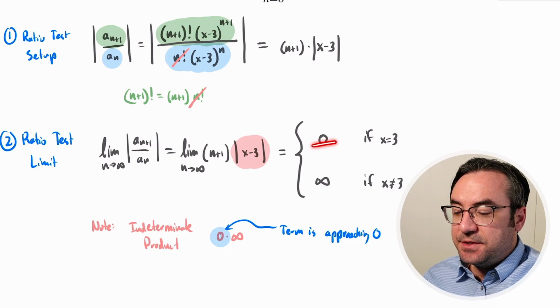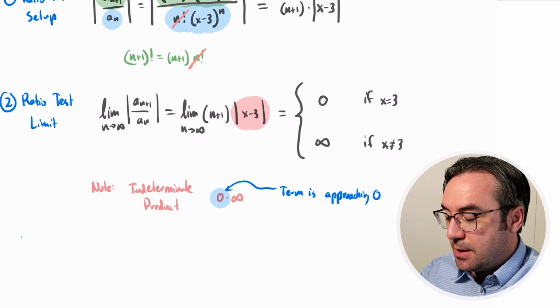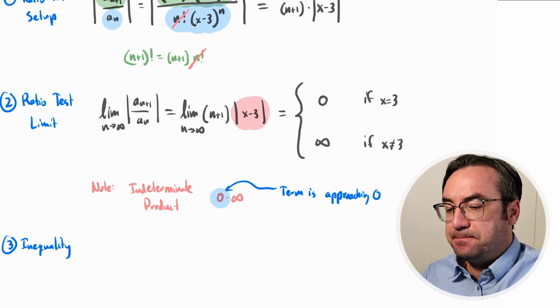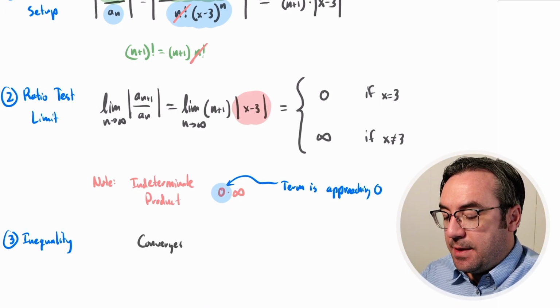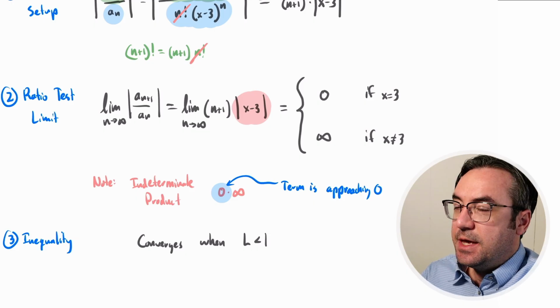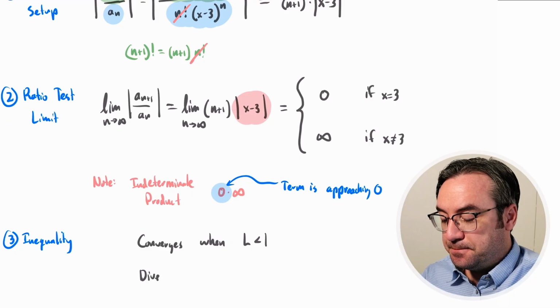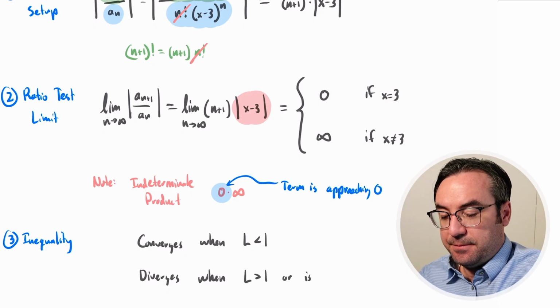All right, so we've done our limits. Let's remember our inequality for the ratio test. It converges when the limit L is less than 1, and it diverges when the limit L is greater than 1 or is infinite.